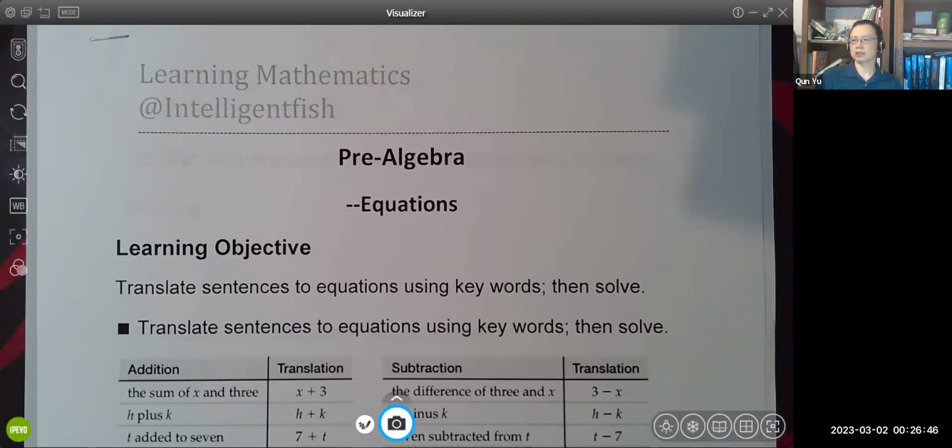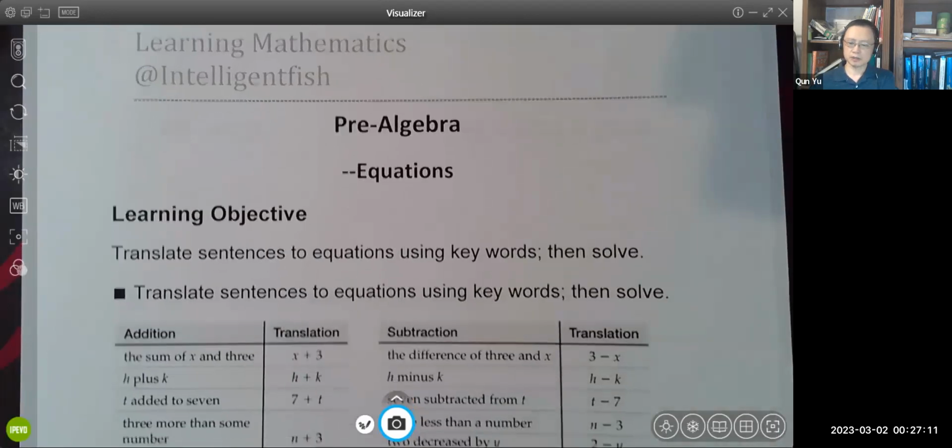If the translation part is wrong, then nothing is going to be right. You don't need to solve it, right? Because your representation of the original information is wrong. So being able to translate a description, in our case a sentence, into an equation is critical.